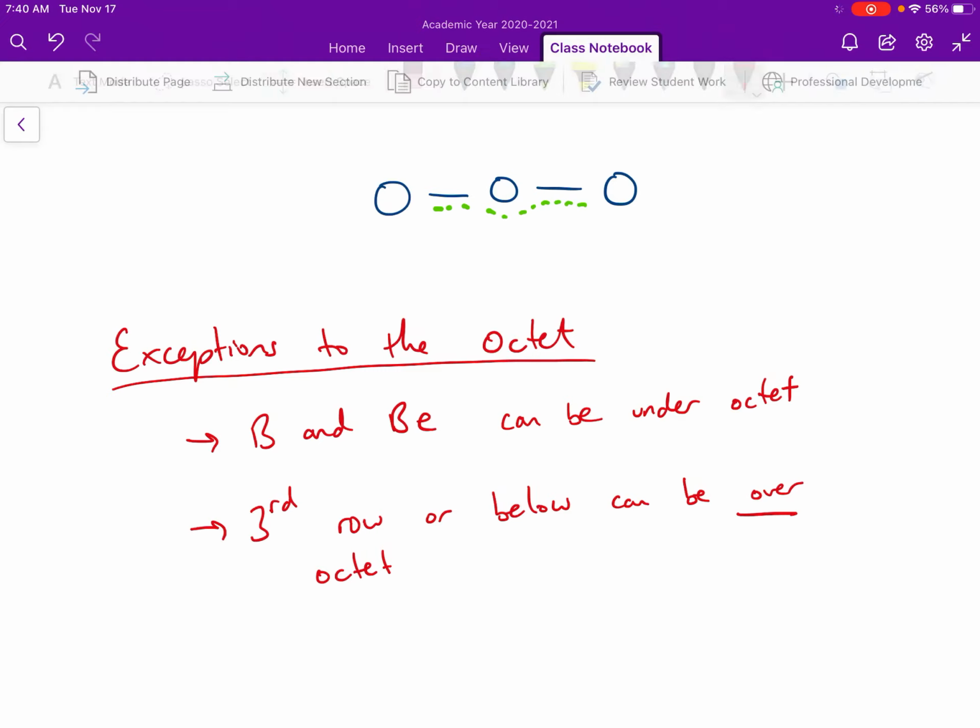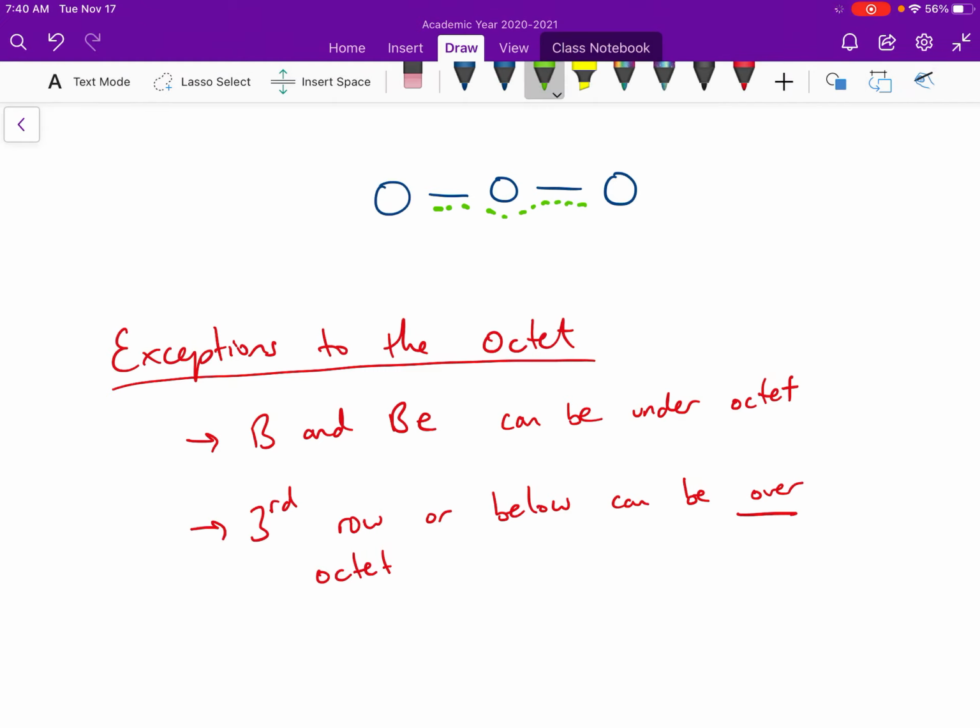Why is that? Well, remember what happens in the third row. We now have access to the D. So there's this whole other orbital that has space, okay? So anything that's in the third row or below can actually take on more than 8 electrons.